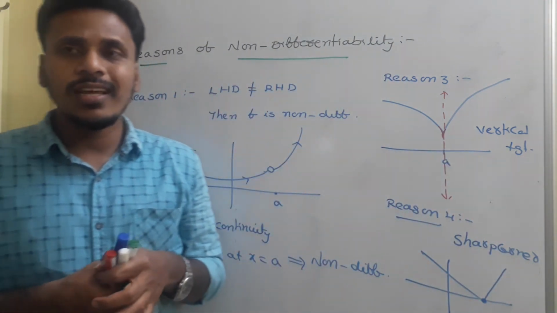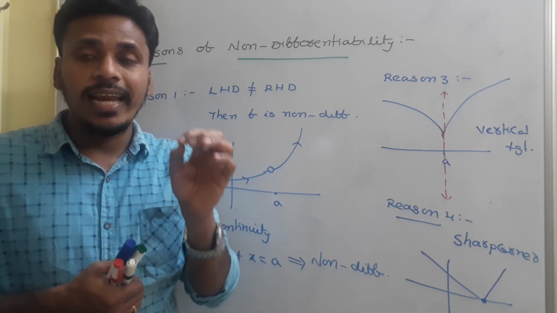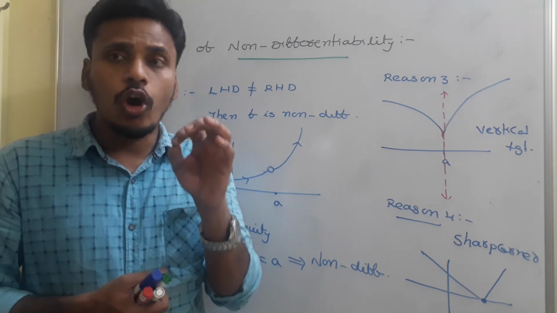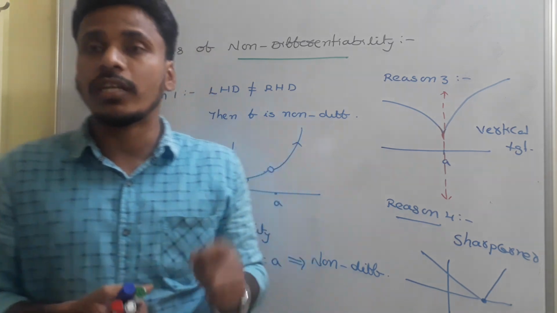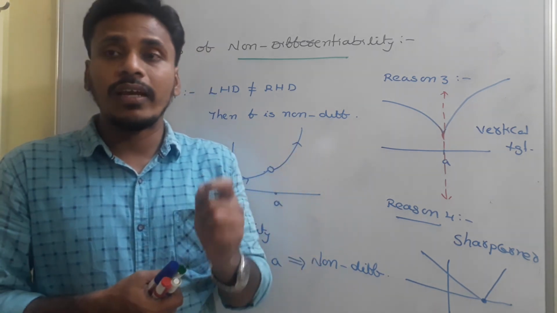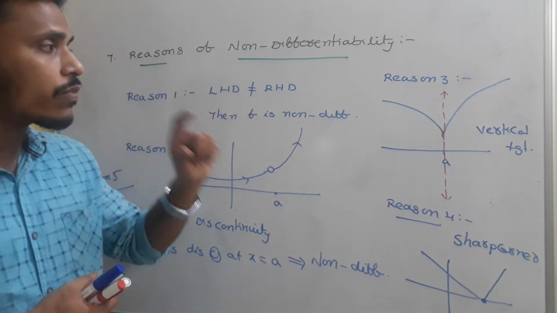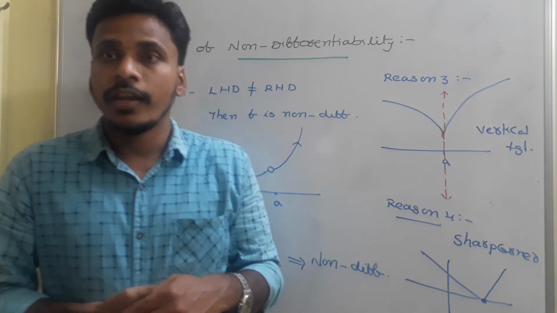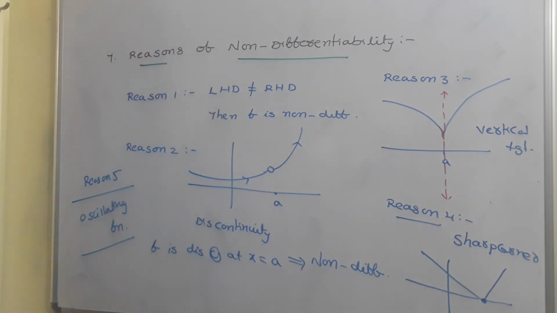So observe the graph of the given function at the given point. If the graph follows any one of these five reasons, then we say that the function is non-differentiable. Okay, just have a look.